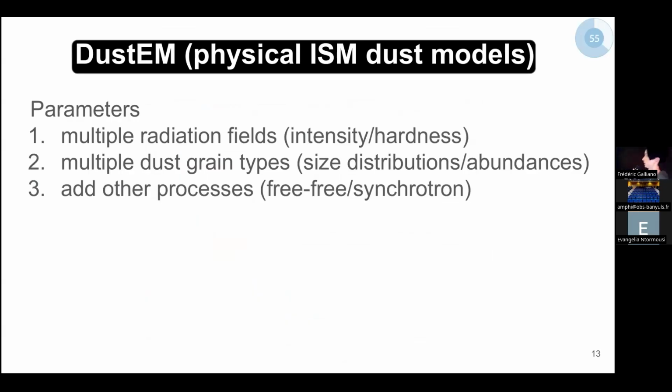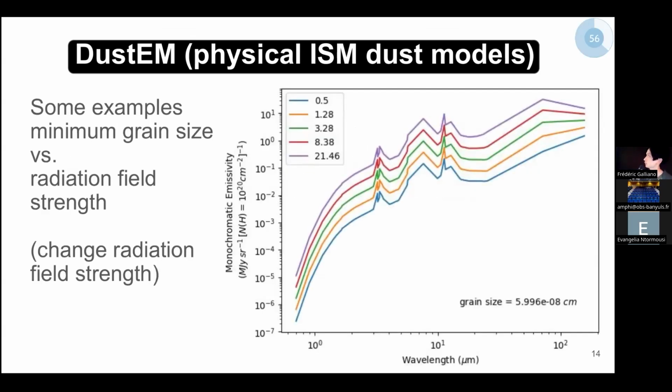So besides the empirical models, we also tried some physically driven models like the DustEM. Here are the parameters you can change. For example, you can change the radiation field strength.